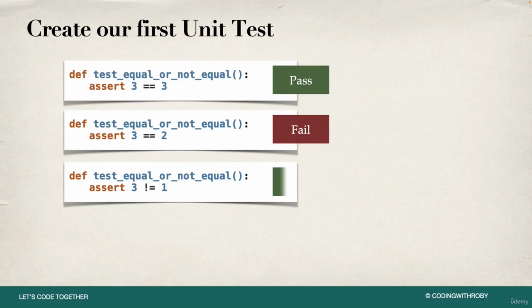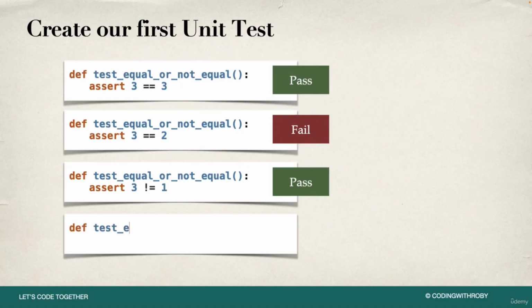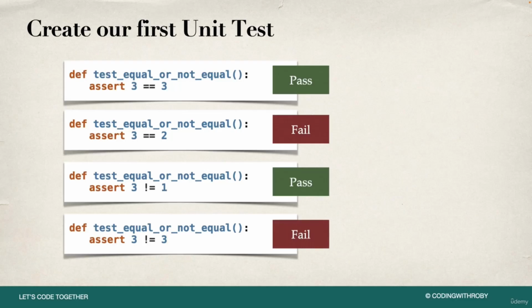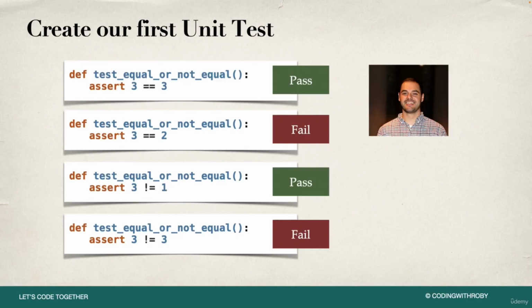We can do almost the exact same thing for assert 3 != 1, which is true, therefore the test passes. And then on the flip side, we can say assert 3 != 3. Now, that is a fail because 3 is equal to 3. So you have to think of assertions almost like a conditional, which PyTest will be using to validate tests. All right, I'll see you in the next video where we go ahead and implement this.